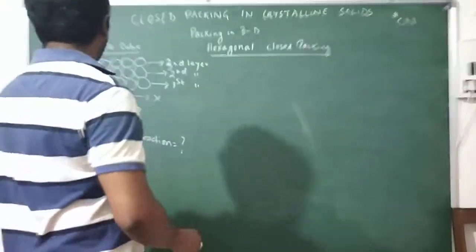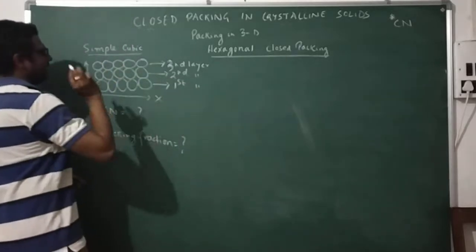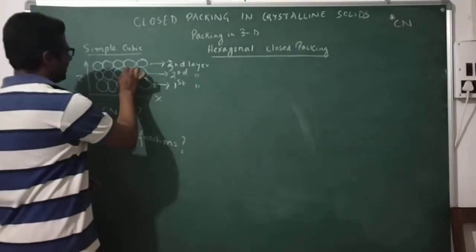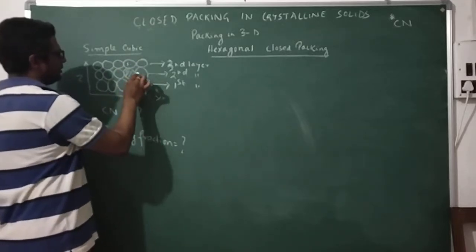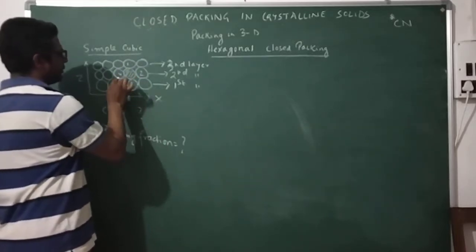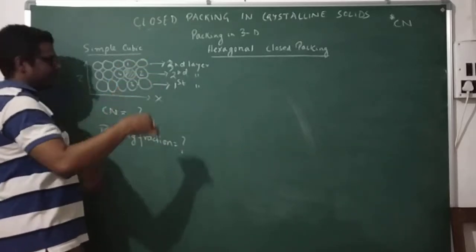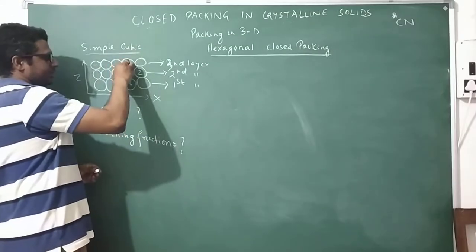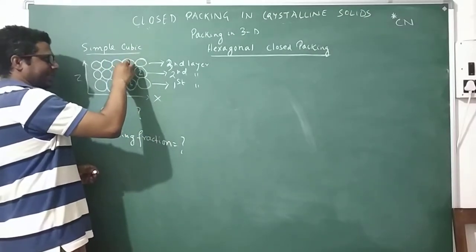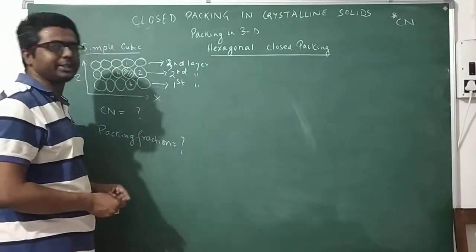Okay? Now, what is the coordination number of this kind of packing? Let's take a reference atom again. So here we can see 1, 2, 3, 4. But what about the y-axis? Above the board, there will be another atom which will be touching this atom, and behind the board there will be another atom which will also be touching this atom.